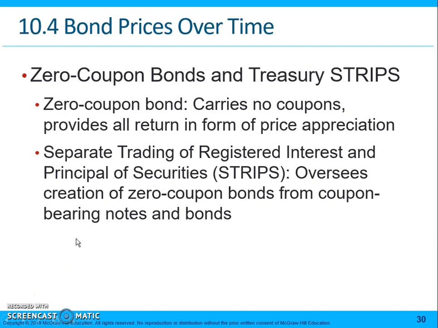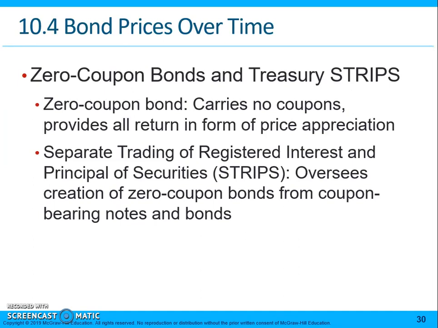So the Treasury does not issue strips. Strips are created from U.S. Treasury securities. Investment banking firms take a specific maturity of U.S. Treasuries and they strip out the coupons and the principal and sell them separately. So they convert what is a coupon bond into a series of different securities.